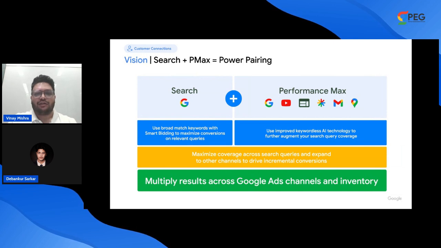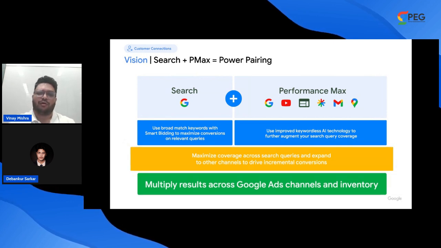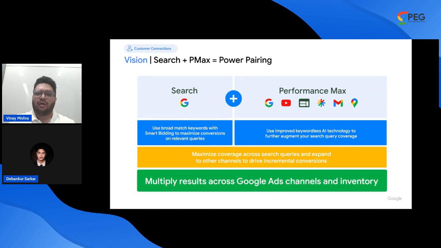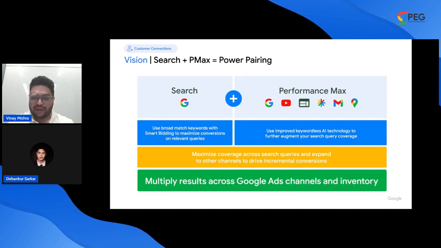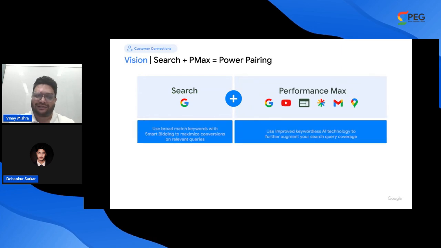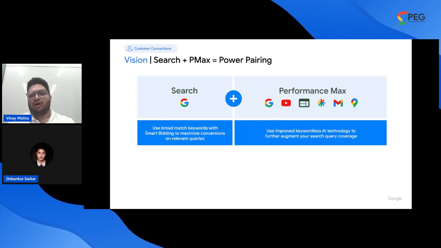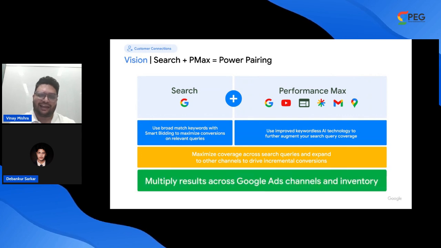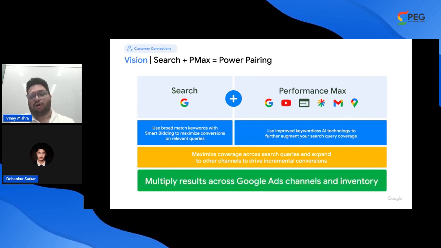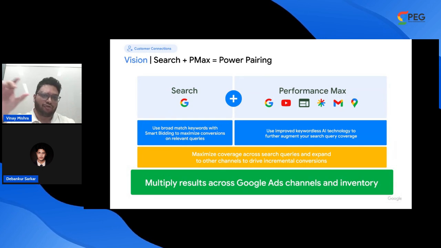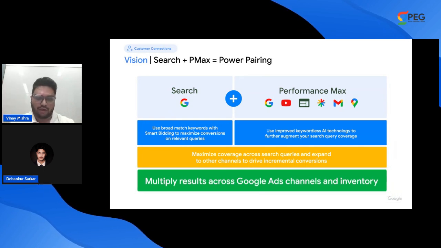The Power Pair offers a powerful approach to reach customers at different stages of their buying or decision-making journey, right? Search campaigns can target users who are actively searching for specific cars, while Performance Max can expand your reach and capture broader audiences, and at the same time ensure that you are able to tap into these opportunities wherever they're going, right?